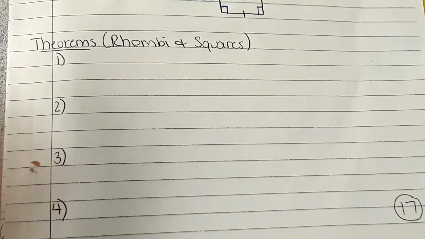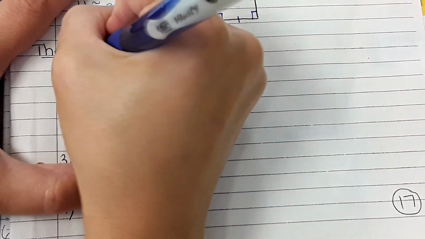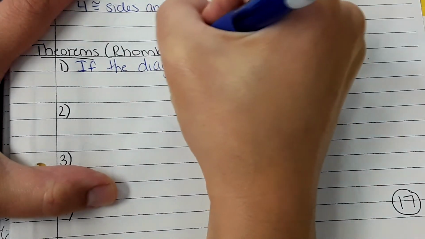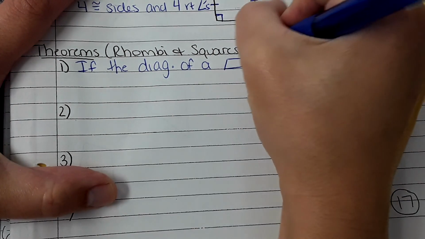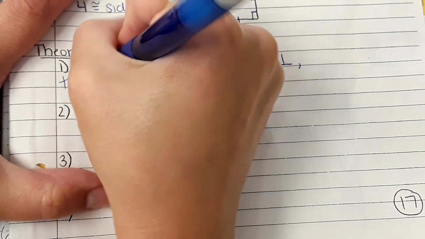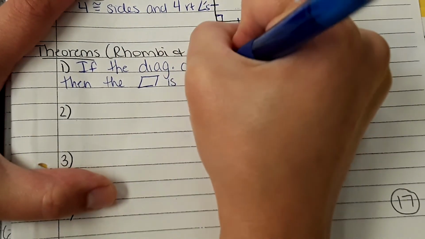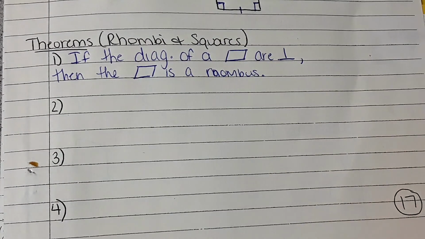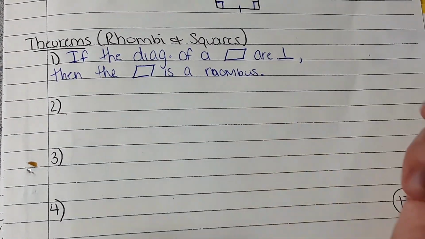So number 1, if the diagonals of a parallelogram are perpendicular, then the parallelogram is a rhombus. So before we said that in a rhombus the diagonals are perpendicular, here we're saying, well, if the diagonals are perpendicular, then you have a rhombus.